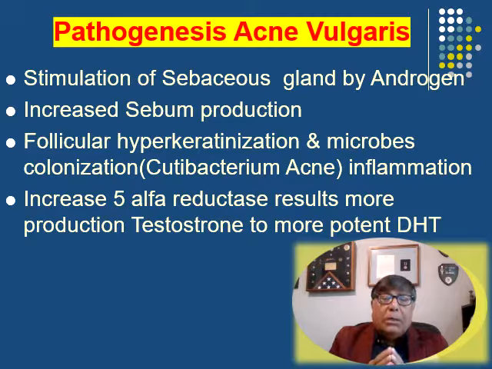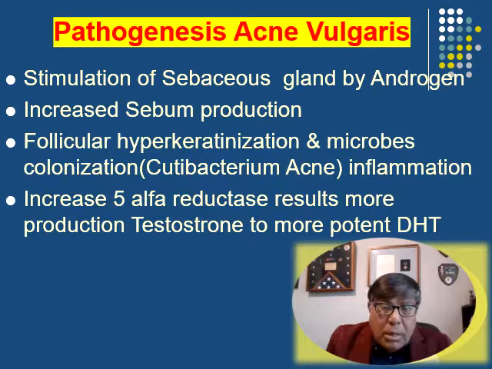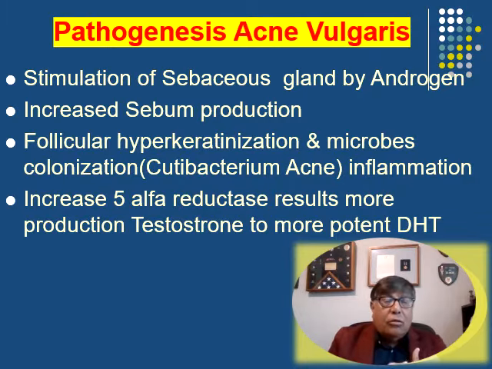Remember, testosterone is not as strong; it is a kind of pro-hormone, and it's dihydrotestosterone which is the more potent androgen. So there are two mechanisms: increased receptors and also conversion of testosterone to potent dihydrotestosterone.